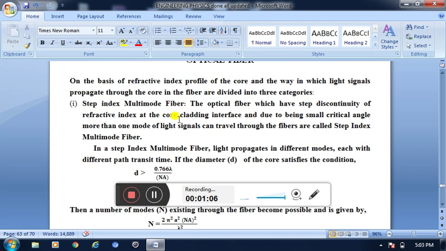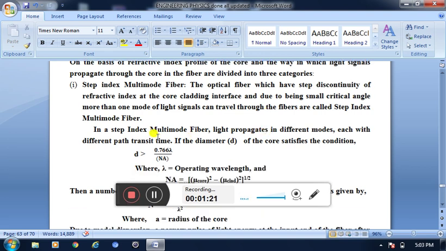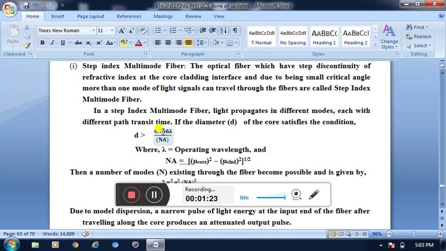At the core cladding interface, the critical angle is very small when the light signal travels through the core cladding interface. Dear student, in step index multimode optical fiber, light propagates in different modes, each with a different path transit.